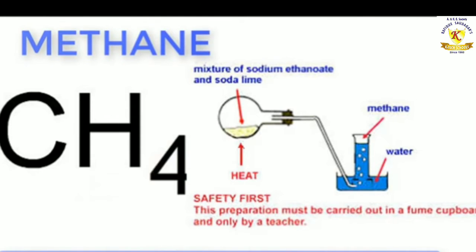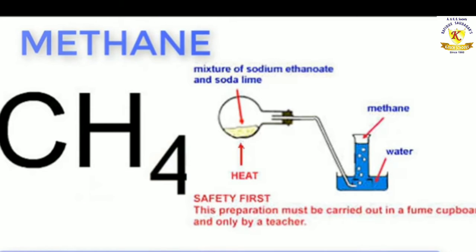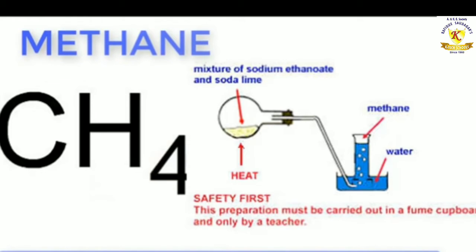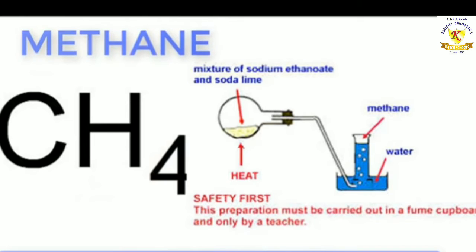Soda lime is quick lime slaked with concentrated solution of sodium hydroxide. It is used in preference to caustic soda because it is not deliquescent and does not attack glass so readily.